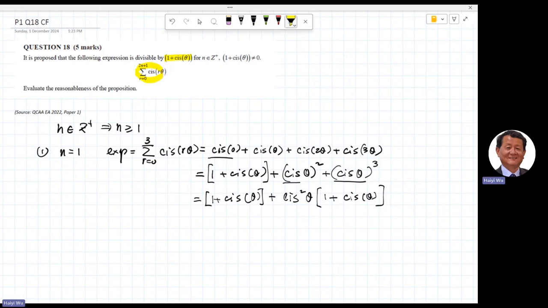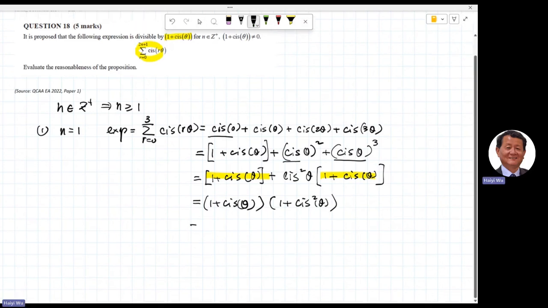Now you can see we've got a common factor, so we can take this common factor out, then plus 1 plus cis squared theta. We'll call this Q theta.